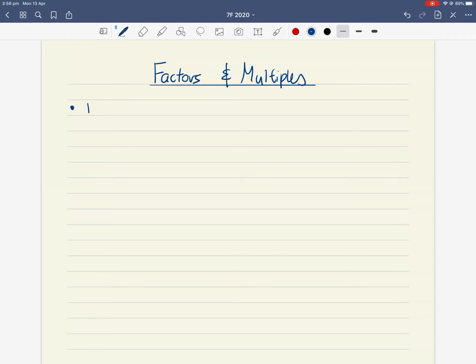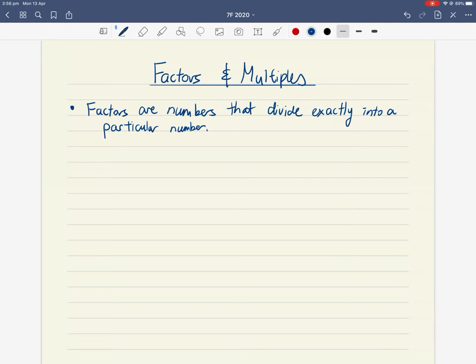So what are factors? Well, the definition of factors: factors are numbers that divide exactly, so no remainders, divide exactly into a particular number.